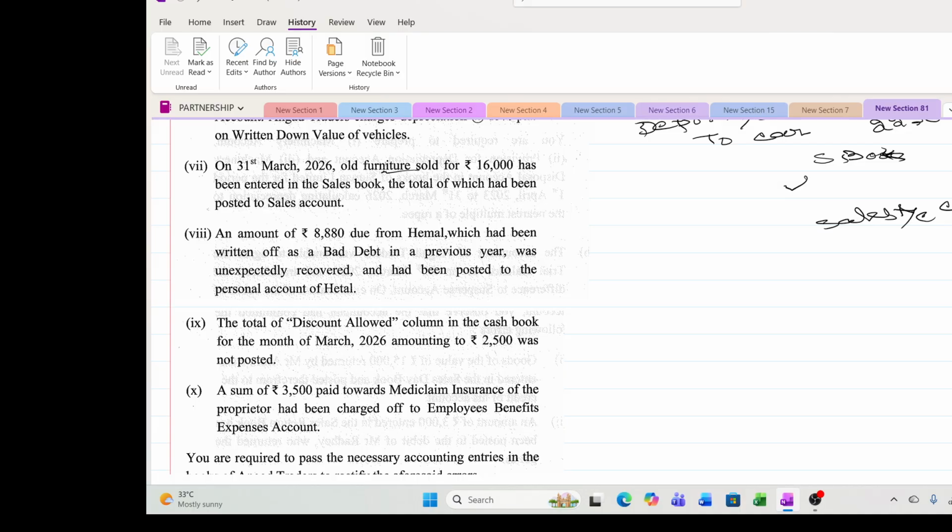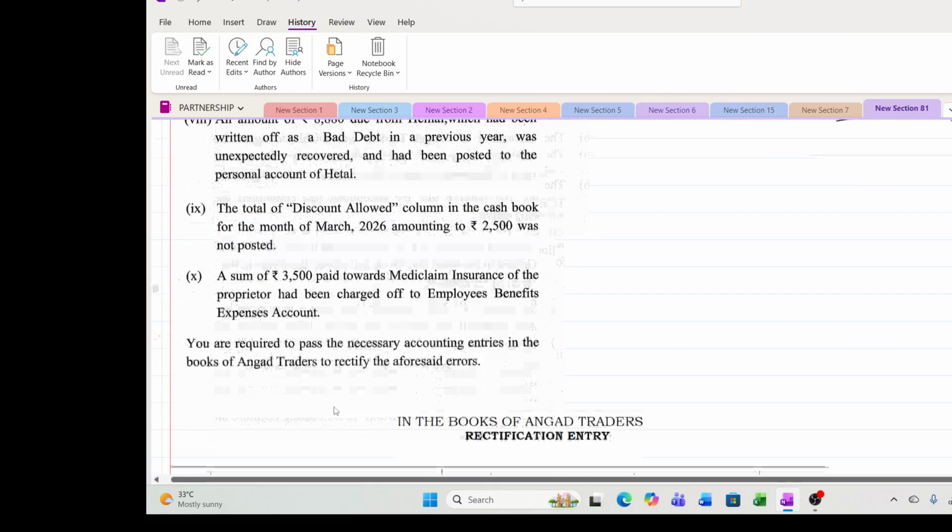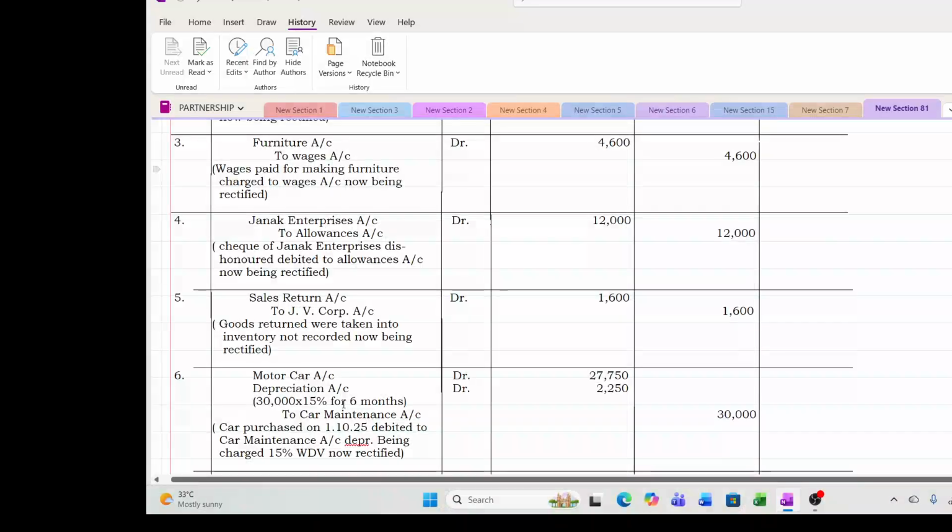So whatever asset is purchased or sold will not be entered in the sales book. So the sales account has to be debited and the furniture account has to be credited. This is also not going to make any difference in your trial balance, because instead of crediting furniture, sales account got credited. Okay, so now see the entry.